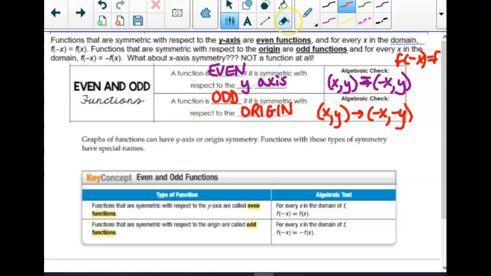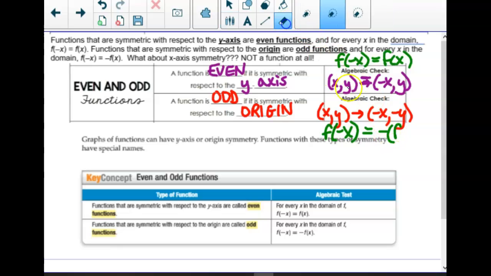I shouldn't write that there. Let me put that on there one more time. For this one, it's f of negative x equals the same as f of x. And for this one, it's f of negative x equals the opposite of f of x.